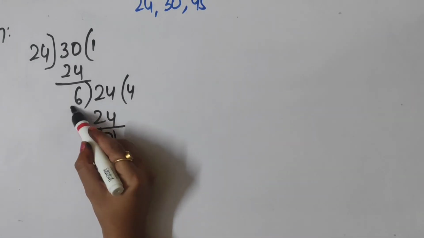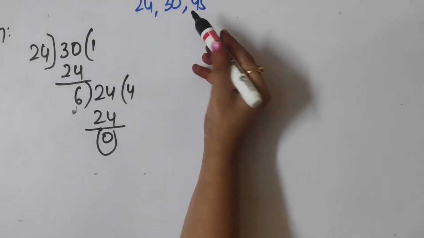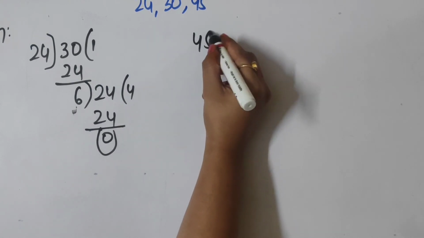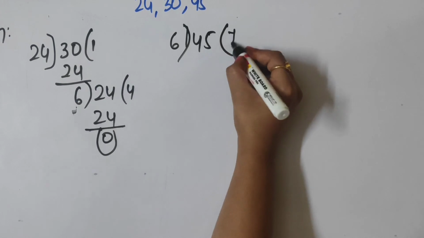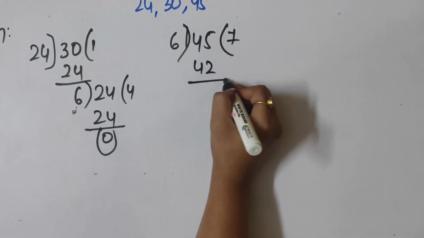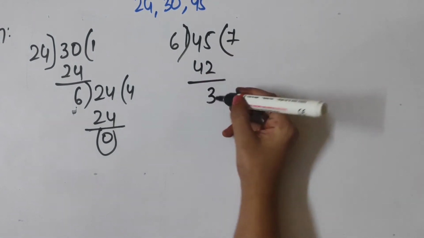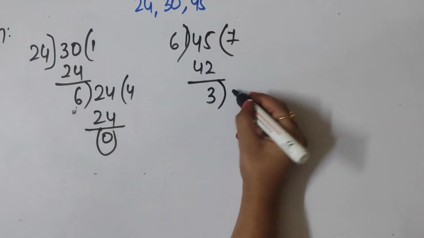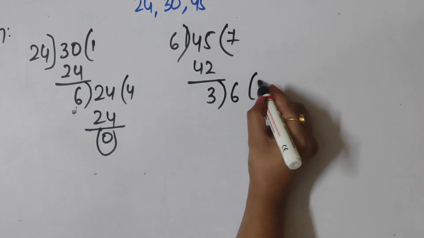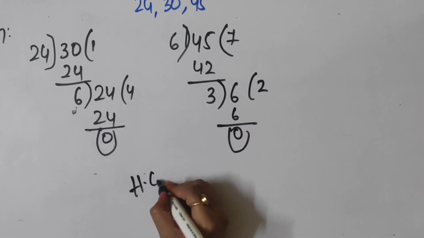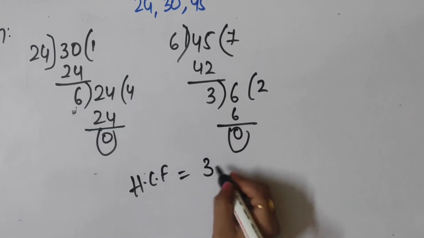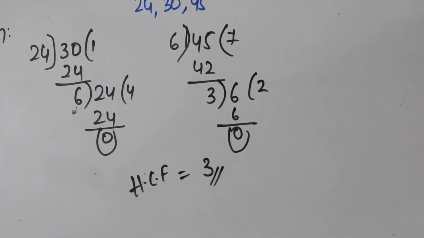Now this 6 should be again divided with the remaining numbers. 6 7s are 42 and remainder is 3. So 6 is going to be the new dividend. 3 2s are 6, 0. So HCF of these three numbers is 3.